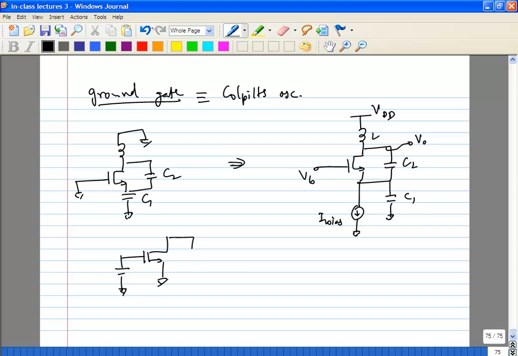So you can again ground your source. So you'll get something like this. Another kind of oscillator.